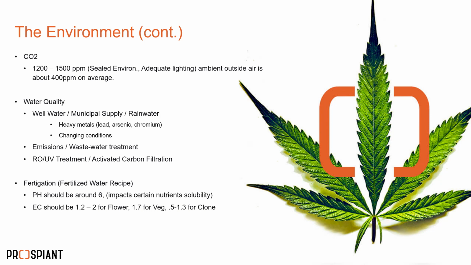We have a lot of databases around this, but the averages seem to be about 1.2 to 2 for the flower area, 1.7 for the veg area, and a half to 1.3 for the clone areas. A lot of people like to start out really low with the clones and get them established before they start pushing them with a lot of fertilized water.